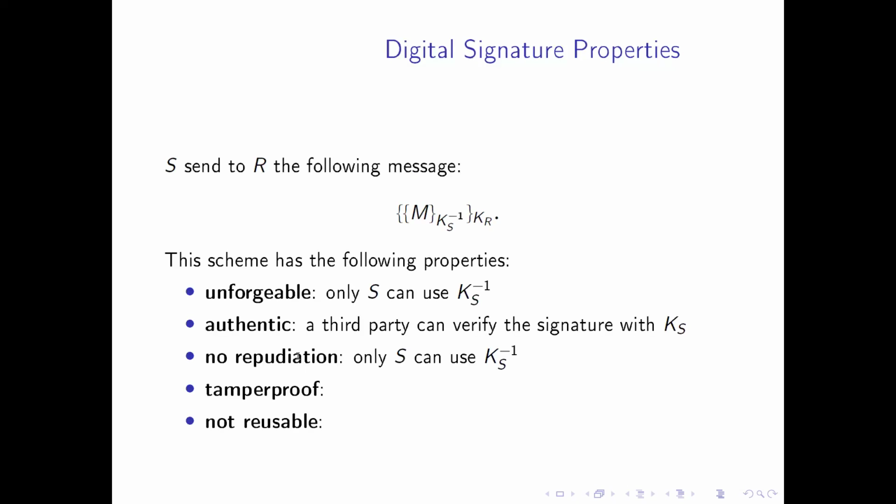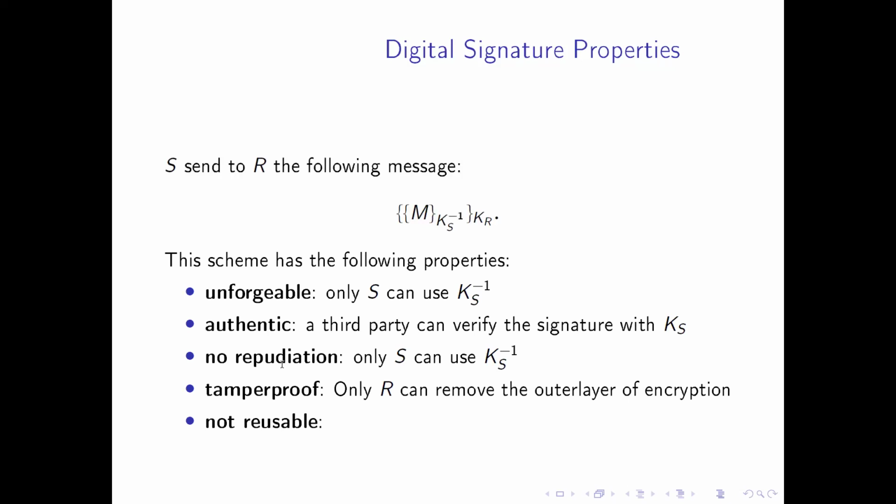The repudiation is that only S could have used KS inverse, therefore I can't deny that part. Otherwise, I'm saying someone's totally hacked me, and then my whole system's compromised, and we've got all sorts of issues. Finally, it's tamper-proof because only R can remove that outside layer of encryption. So once I encrypt it, the only person who can undo it is the person to whom I'm sending it. So it either has to be attacked before I get to that or something along those lines.